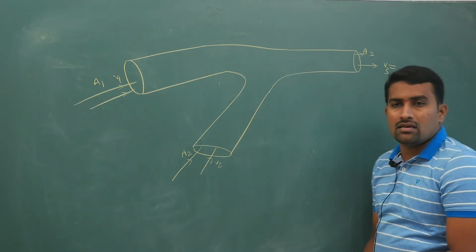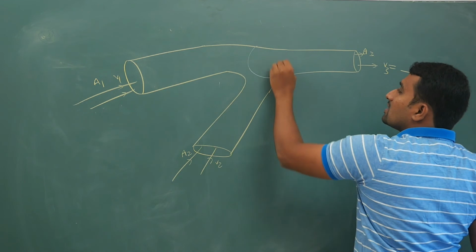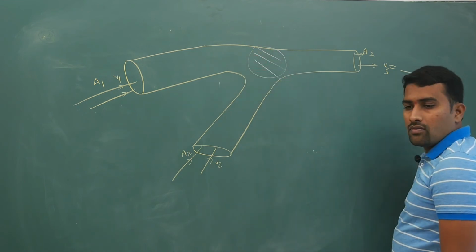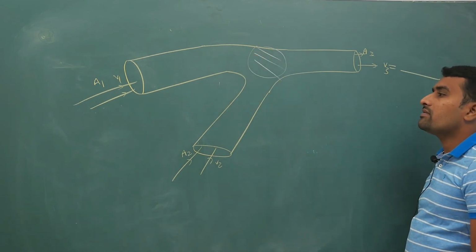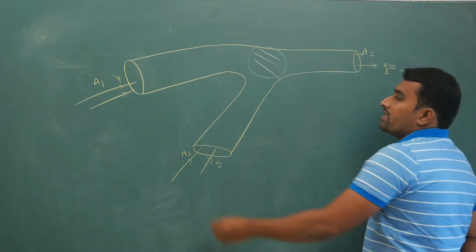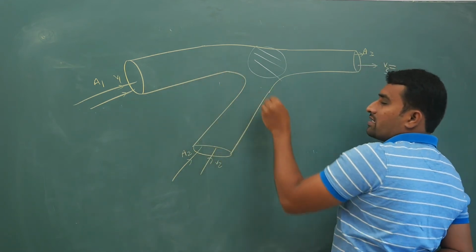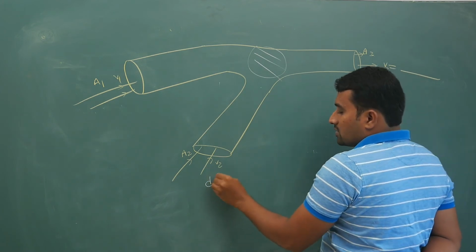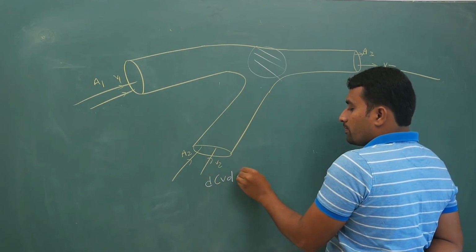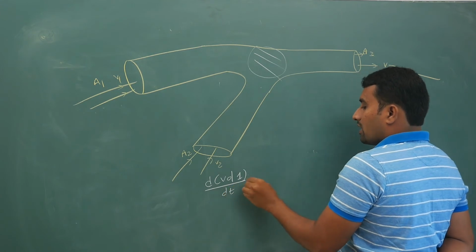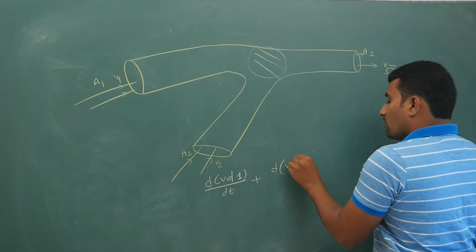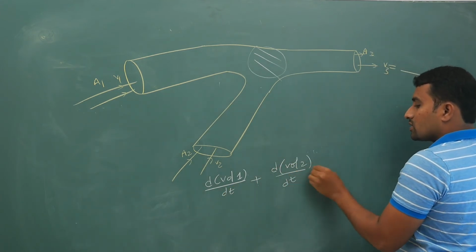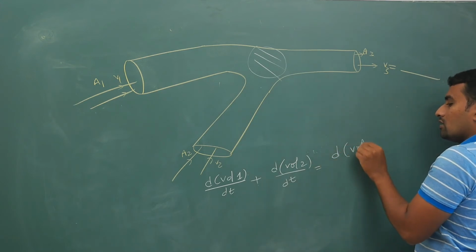Now obviously if you take this junction region, what will happen? According to the equation of continuity, volume entering from this end plus volume entering from this end should be equal to volume leaving. So that is the derivative of volume through pipe 1 with respect to time plus the derivative of volume through pipe 2, that is volume rate through the second, is equal to volume leaving.